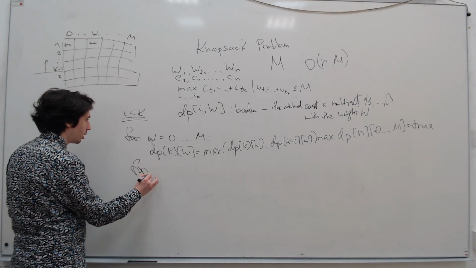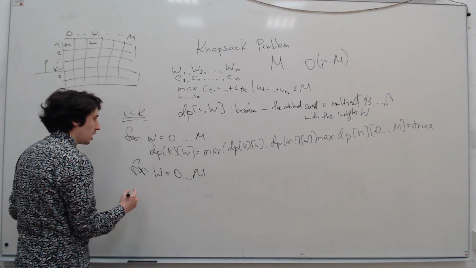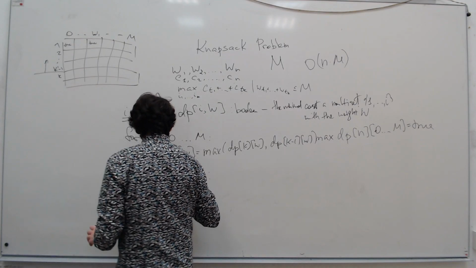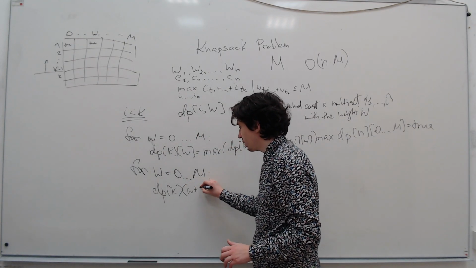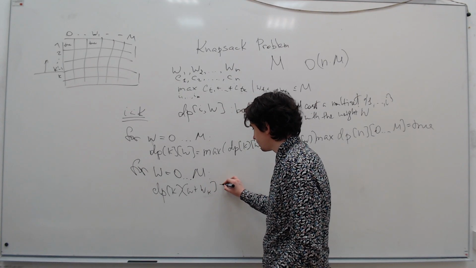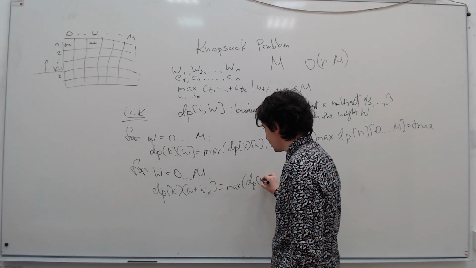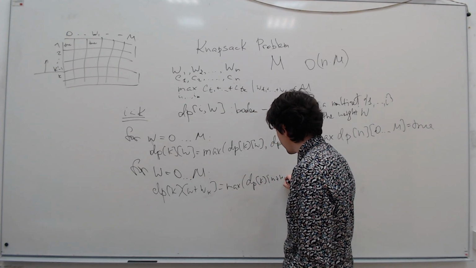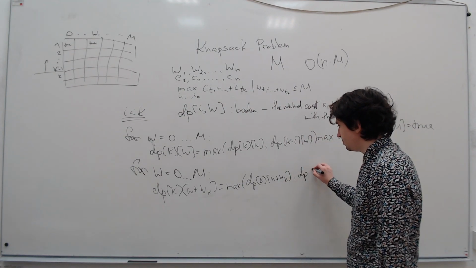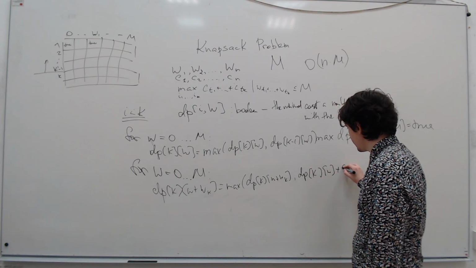Then we go for w from 0 to m, and we say that dp of k, w is the max of the same thing, dp k, w plus wk, dp k, w plus ck.